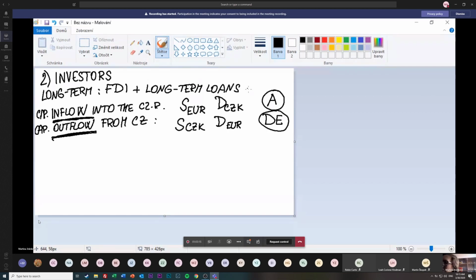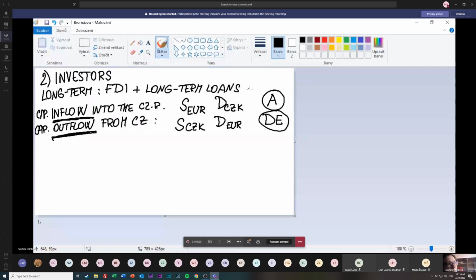This money is in euros, so we get euros, but now we need to invest here in villages. For example, we build something, for example, the road. We need to hire people to buy the work of some Czech companies. So we will need Czech crowns. So it's again the capital inflow into the Czech Republic, so the Czech crown would appreciate.